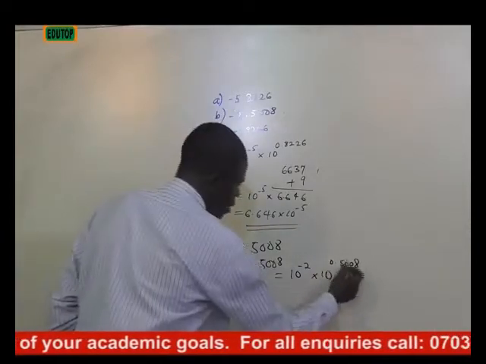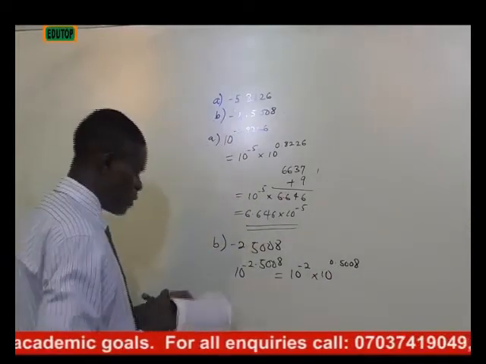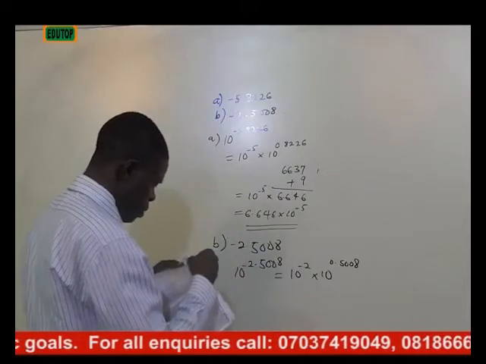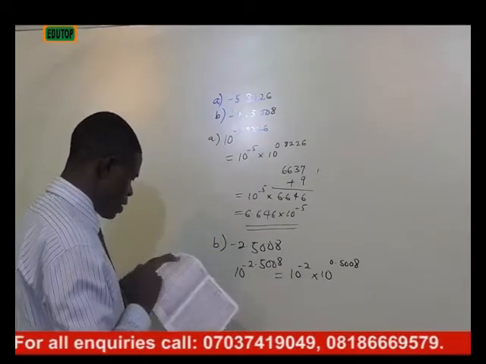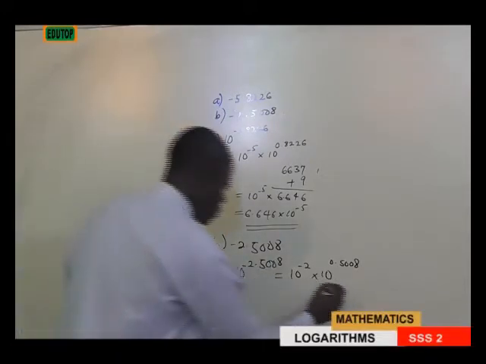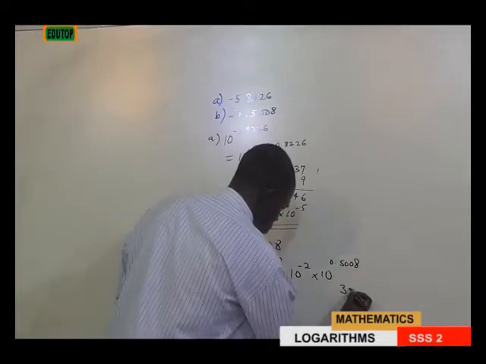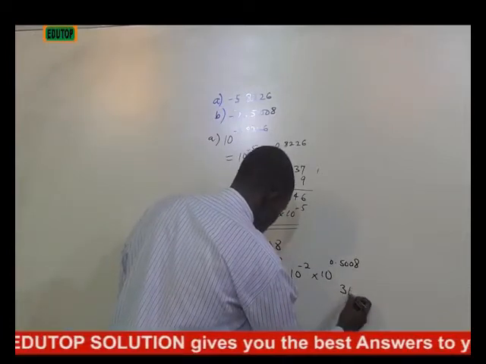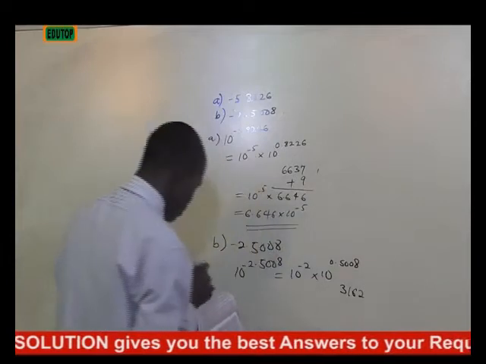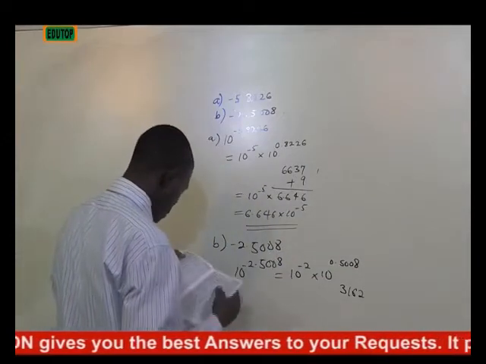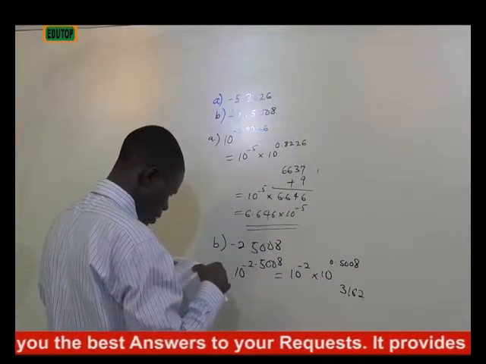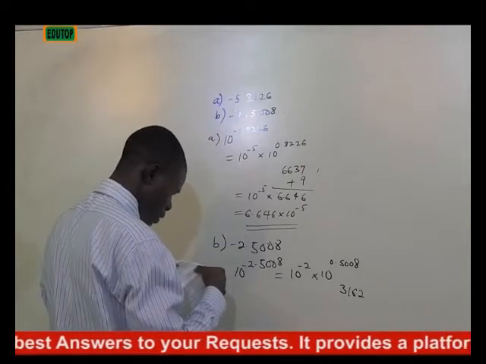So we look for the antilog of this, which is 50 under 0. 50 under 0 is 3162. Difference 8.